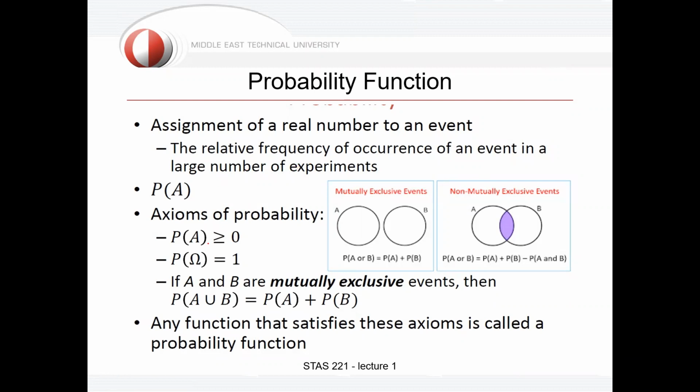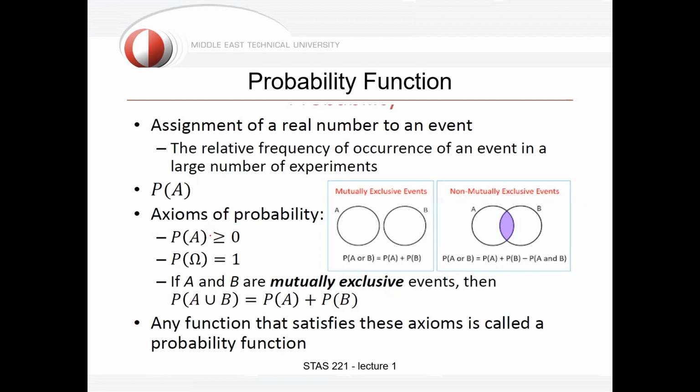And here you see, for example, probability of event A is greater than or equal to 0, because here are the axioms that we need to show, for example, this is a probability function. And don't forget that there should be an upper limit for probabilities. Like this one cannot be more than 1. So as I explained before, it should be a value between 0 and 1.